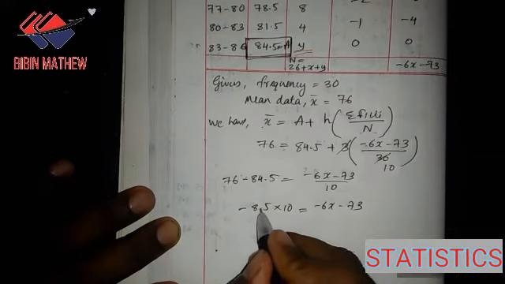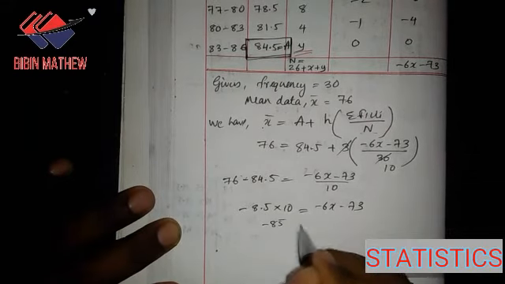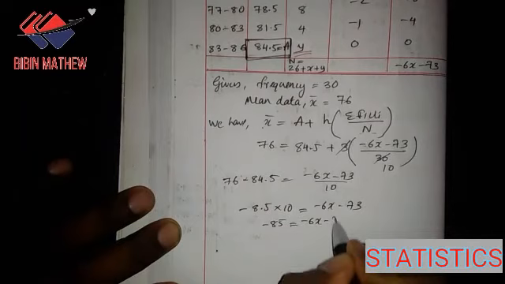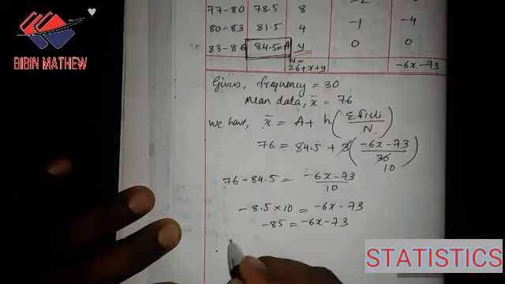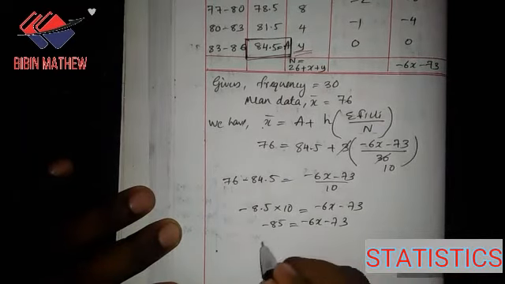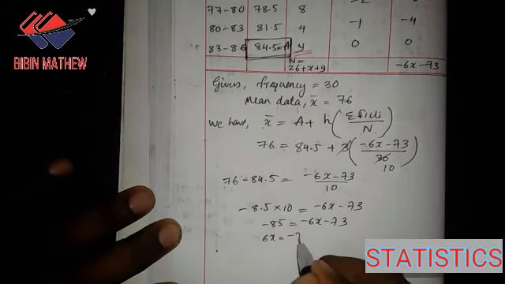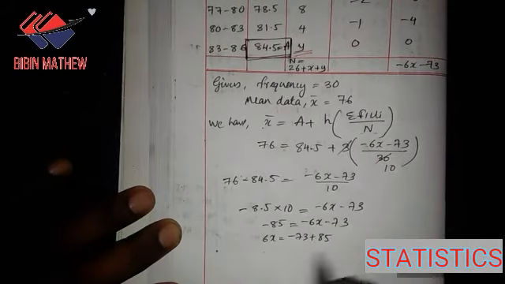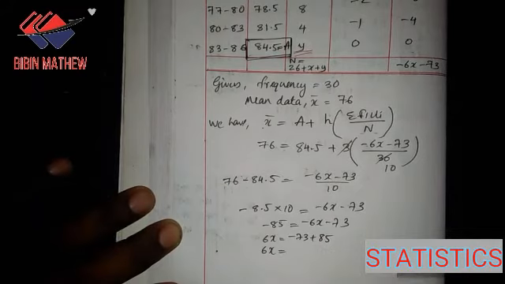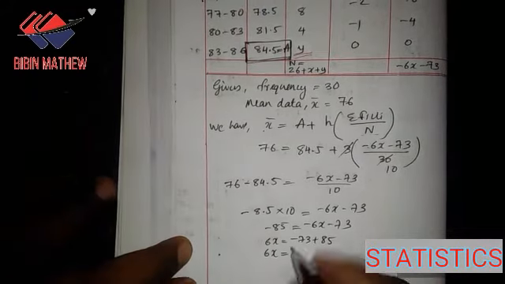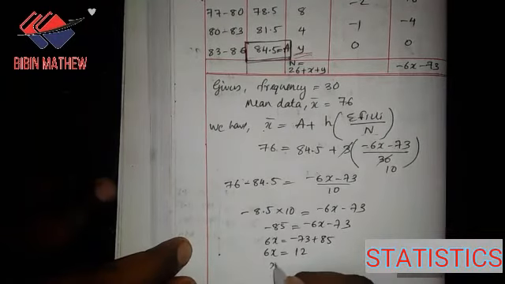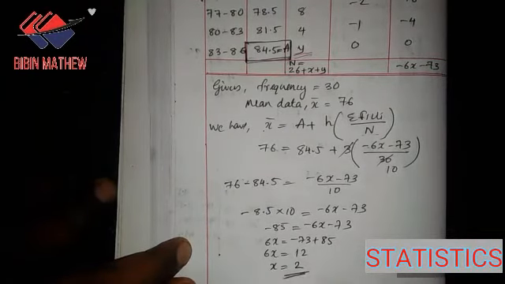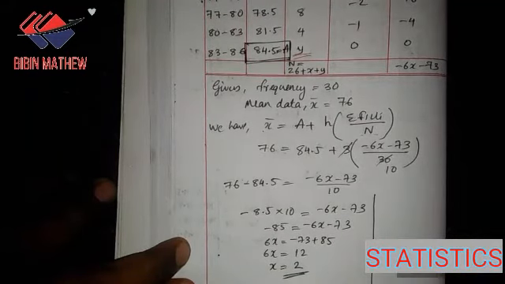Multiplying by 10, the point goes away, minus 85 is equal to minus 6x minus 73. Taking this 6x to this side and that 85 to that side, 6x is equal to minus 73 plus 85, right? Then 6x is equal to 12. Therefore x is equal to 2. You got x is equal to 2, because 6 going there, 12 by 6 will be 2.